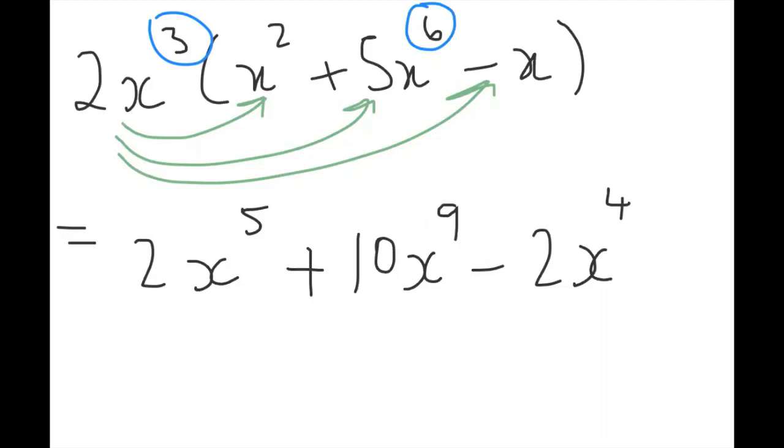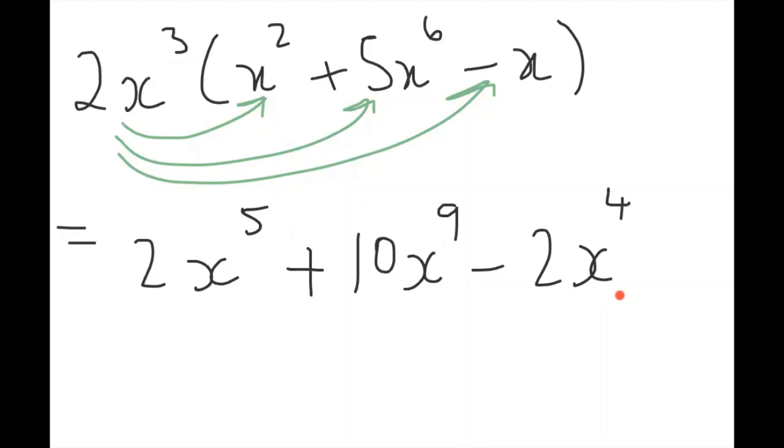That's why I always double check my work, because this is where you can make simple mistakes. And if you get a simple mistake like this wrong, then your whole sum is wrong. So x^3 and x^6 gives us x^9. And then the minus 2x^3 times minus x gives us minus 2x^4.